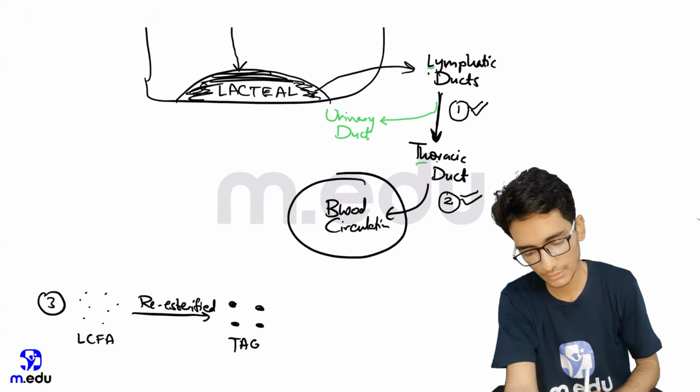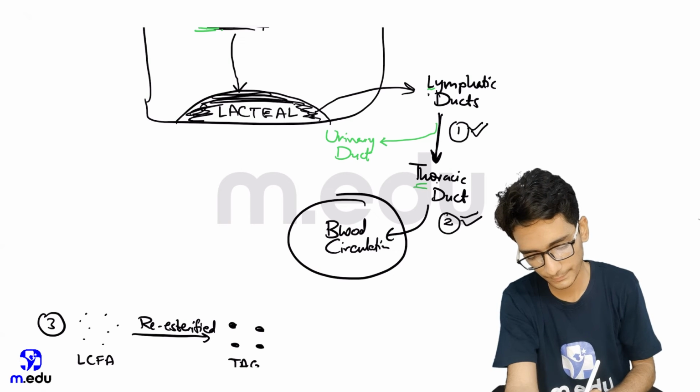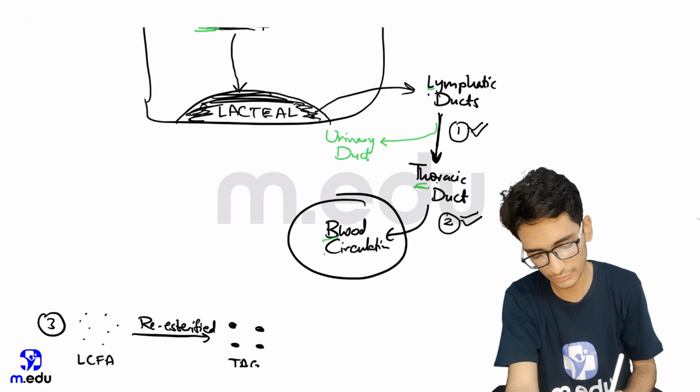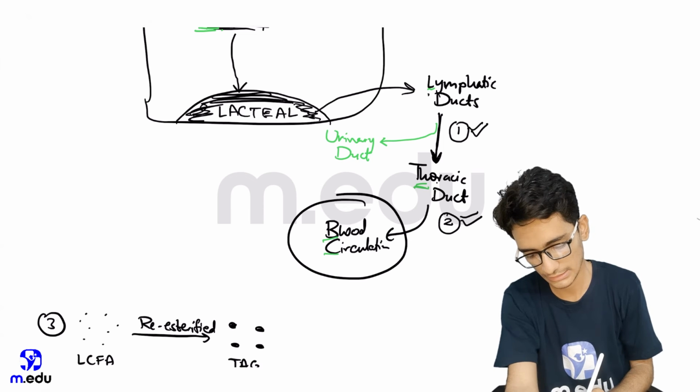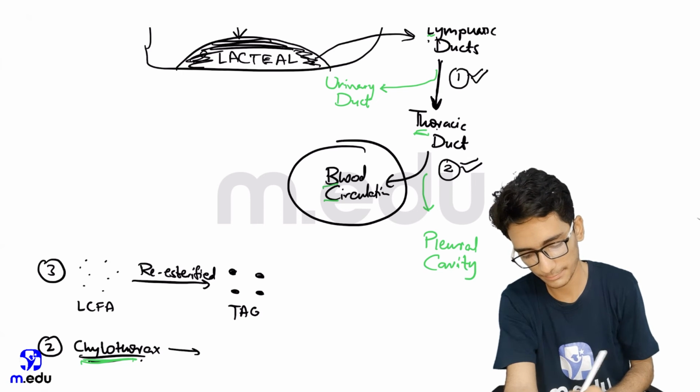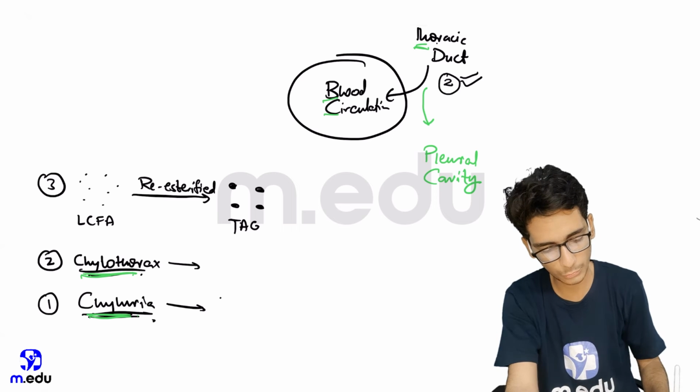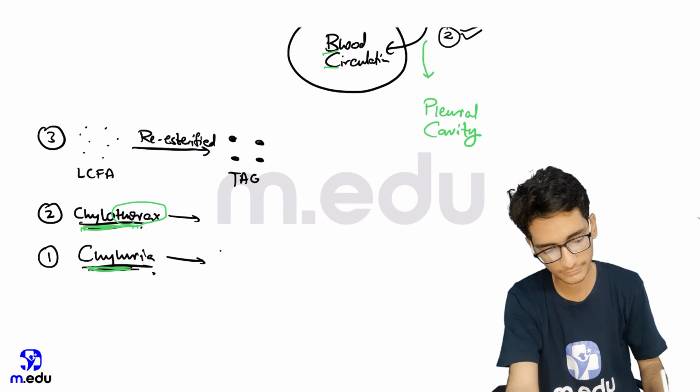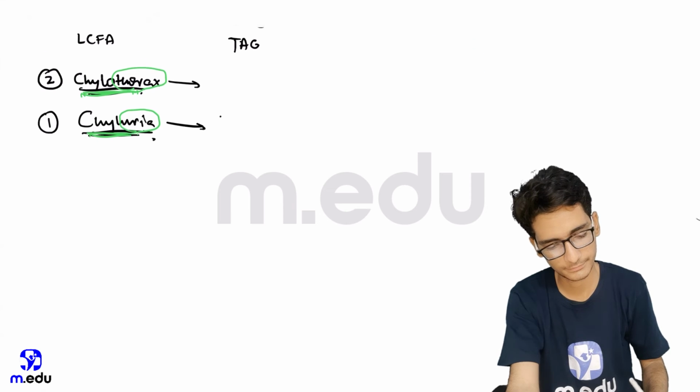Chylothorax is where the thoracic duct has an abnormal connection with the pleural cavity, which leads to chylothorax. That means chylomicron in the pleural cavity, the lungs I am talking about here.